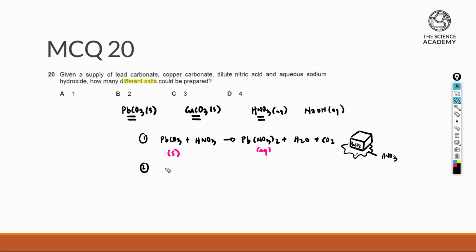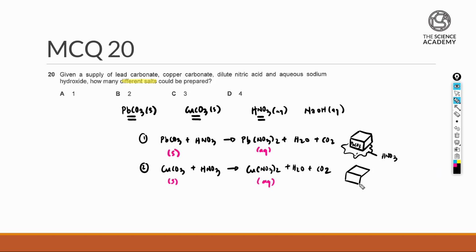Now the second potential salt here is going to be copper 2 carbonate reacting with nitric acid. And this will lead to the production of copper 2 nitrate plus water plus CO2. Again, the state symbols of solid and aq mean that there will not be any layers forming over the salt that can prevent the reaction.